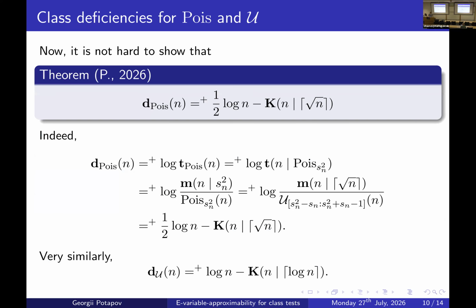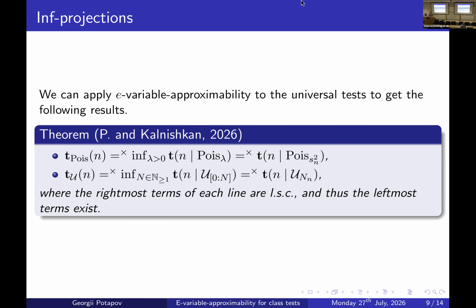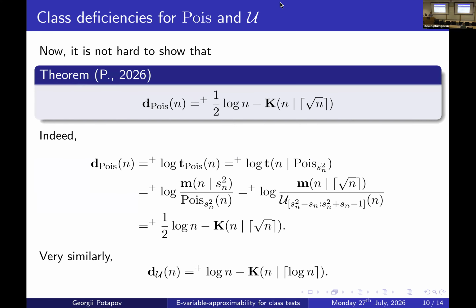And so from here, it's not difficult to go further. If we carefully write it down and see that many things can be easily approximated one with another, then we can get a rather explicit way to express Poisson deficiency.